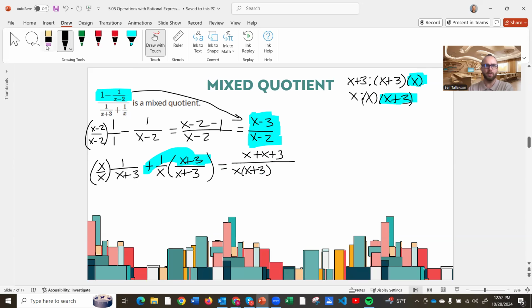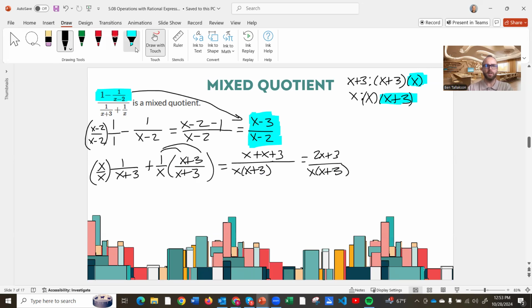So be very careful. Even though there's some distribution happening here, right? Ultimately, we are still adding, right? So we have x plus 3. Okay. Well, that gives us 2x plus 3 over this.